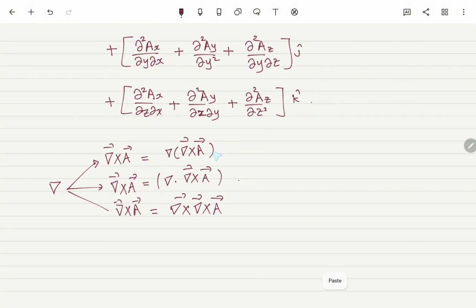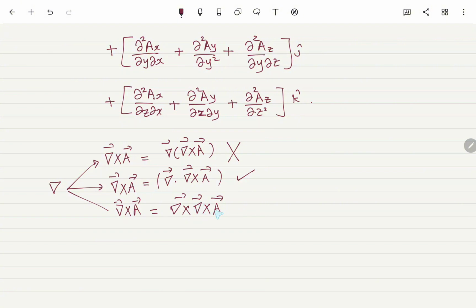Now the first case, curl A is a vector quantity and del is a vector quantity. A vector cannot be applied on another vector without dot or cross. So this case is not possible at all. Now the other case is curl A is another vector, and this vector applies with the del, the dot product, and this might be a possible case, this one here.